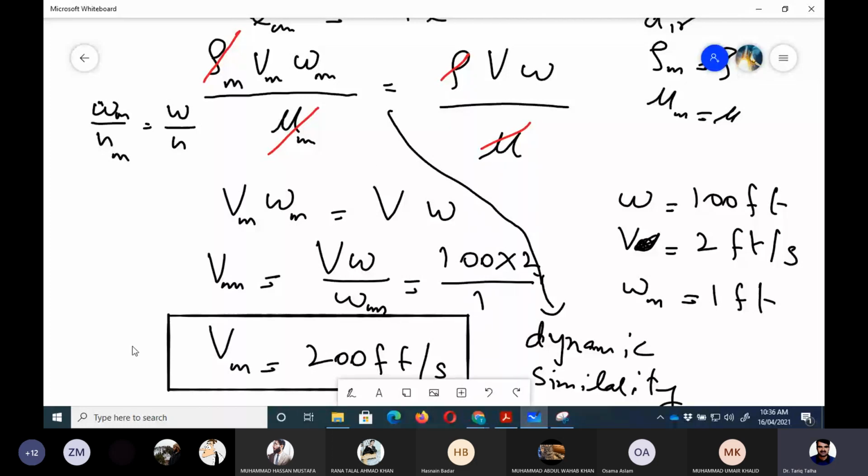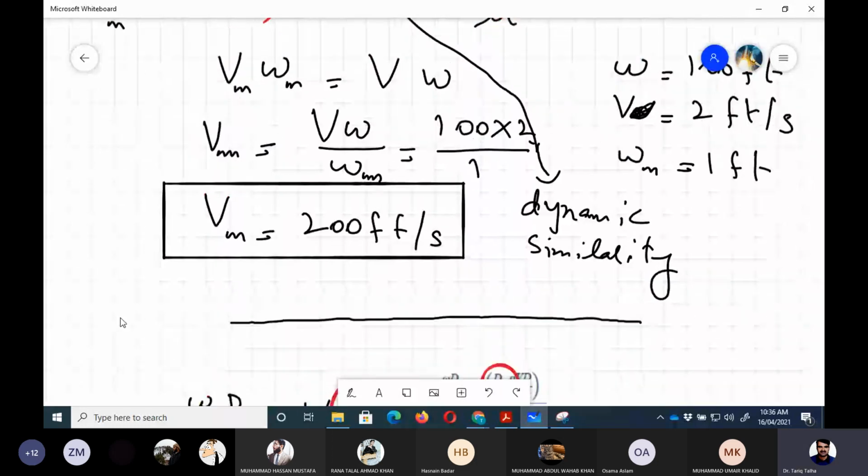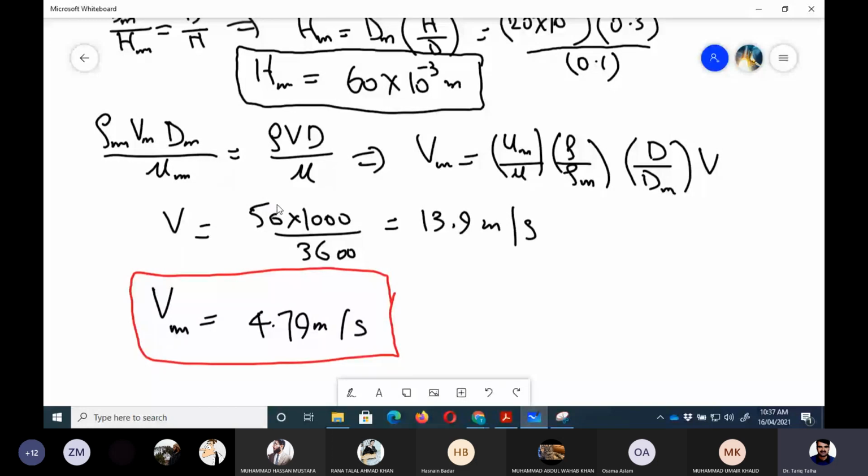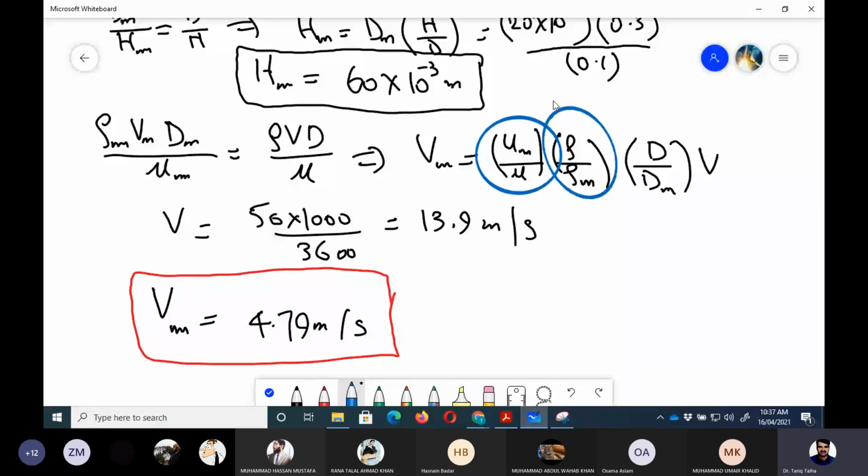But in this problem, because the actual system is operating in air and the model is being tested in a water tunnel, these two terms, the ratio mu m upon mu and rho m upon rho, are not one. That's why we are experiencing a reduction in velocity rather than an increase, because these ratios are such that the model velocity should reduce.